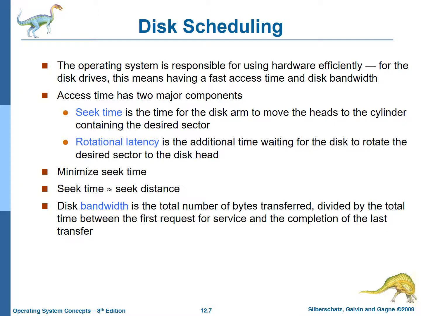Rotational latency is the additional time waiting for the disk to rotate the desired sector to the disk head. Minimize seek time. Disk bandwidth is the total number of bytes transferred divided by the total time between the first request for service and the completion of the last transfer.